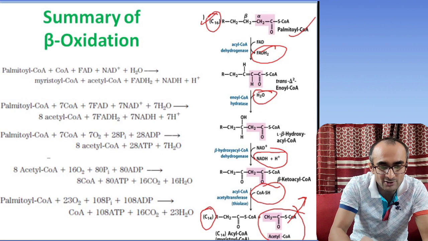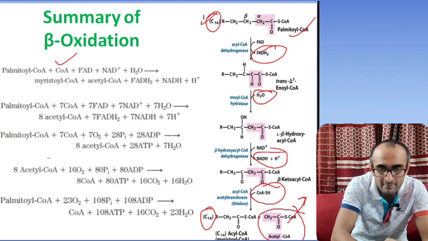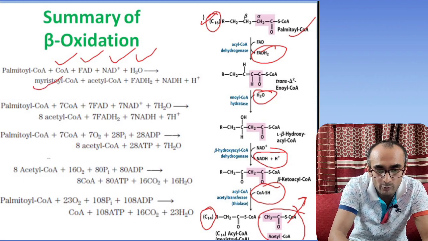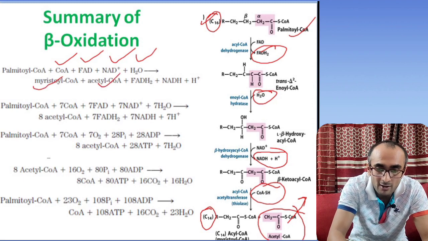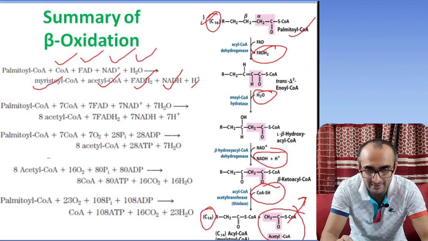So if you look at the reaction, one molecule of palmitoyl coenzyme A will use one coenzyme A, one FAD, one NAD plus and one water molecule. And what are we getting? We are getting a 2 carbon atom shorter molecule, that is myristoyl coenzyme A, one molecule of acetyl coenzyme A, one FADH2 and one NADH and H plus. That happens in the first cycle.